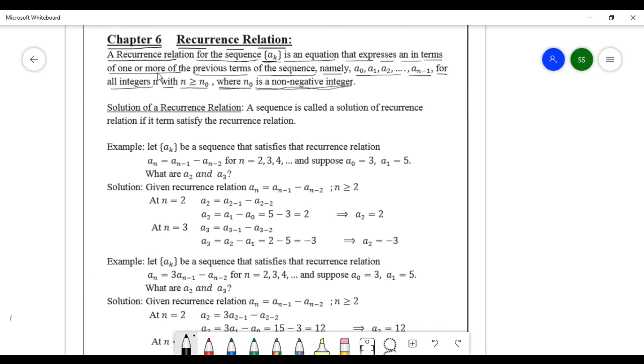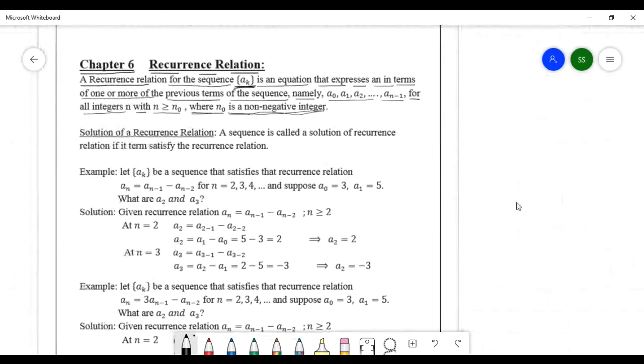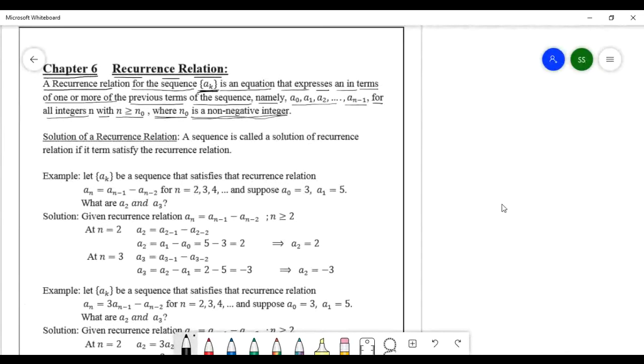This sequence means, see this bracket a_k. Okay, this means what?